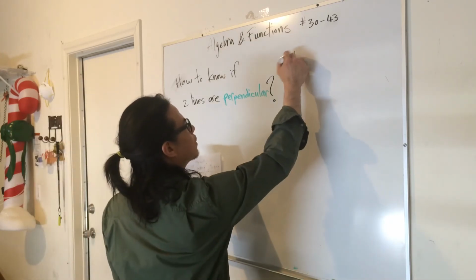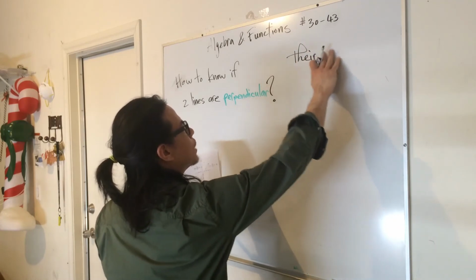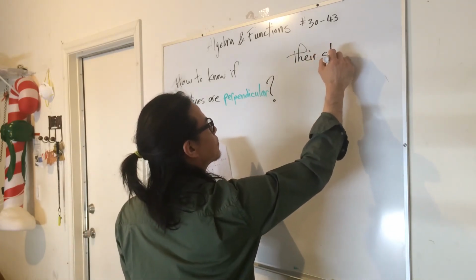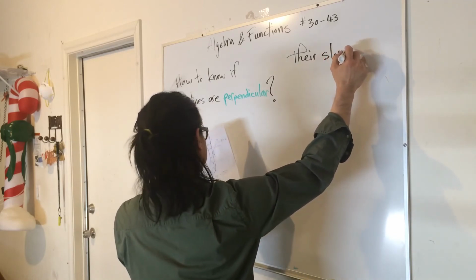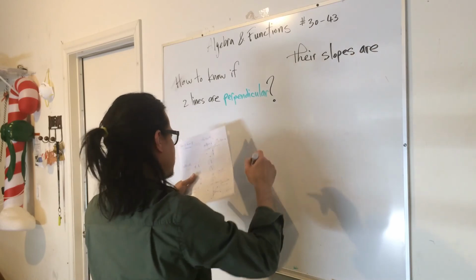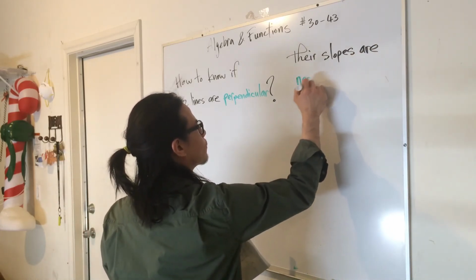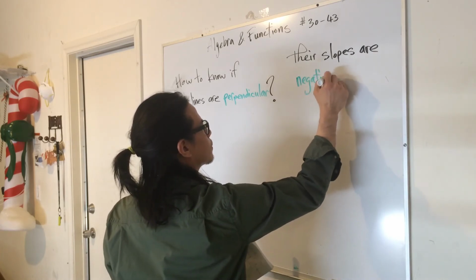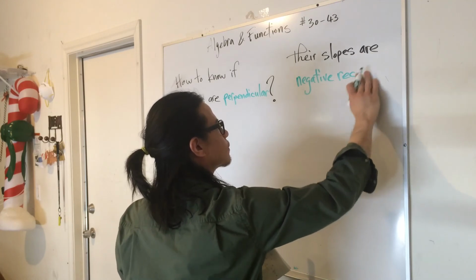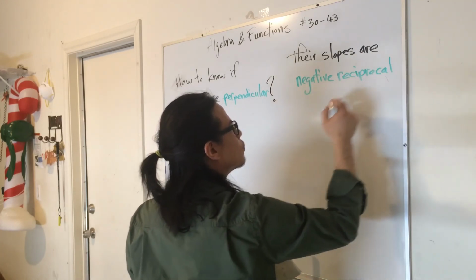So two lines are perpendicular when their slopes are negative reciprocal of one another.